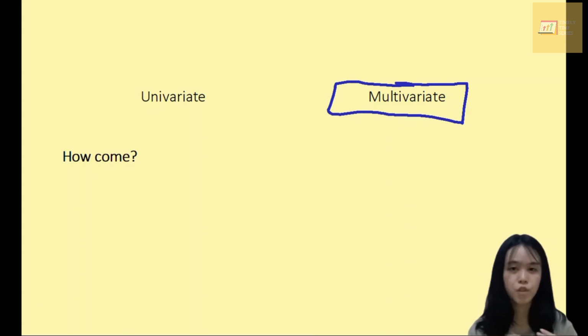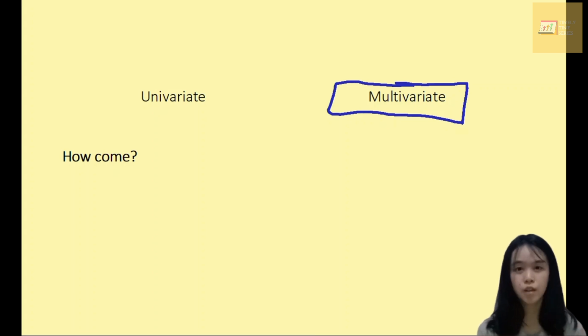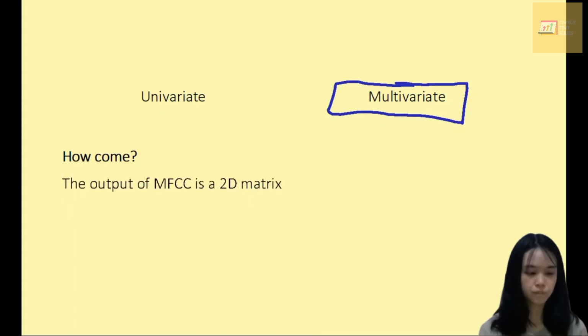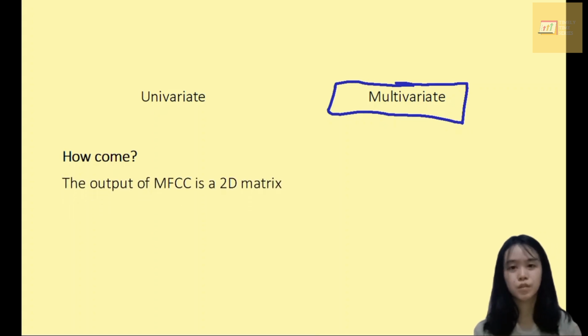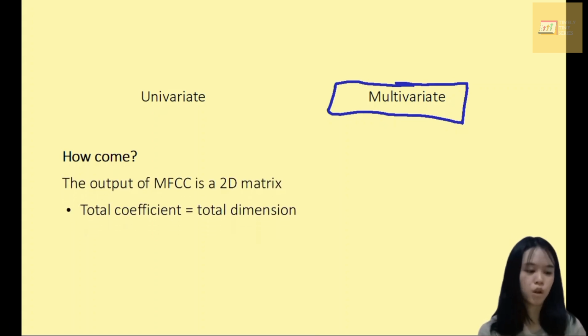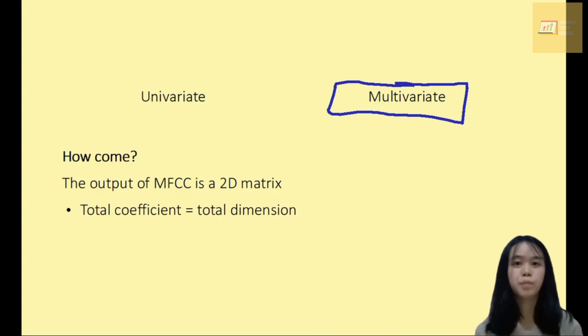So the input of ShapeDTW would be the output of MFCC, and the output of MFCC is a matrix of 2 dimensions. Each coefficient represents a dimension, so the total coefficient will be the total dimensions of ShapeDTW.